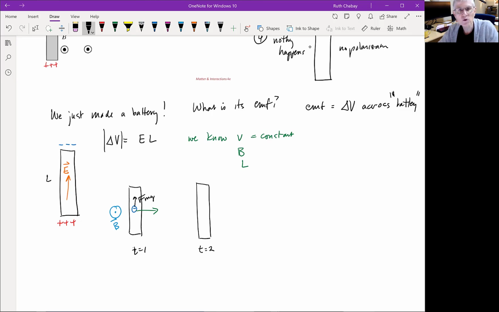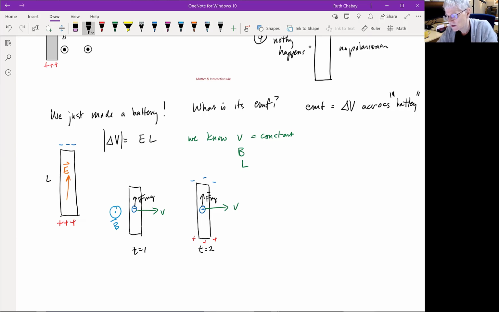So at time 2, a nanosecond or so later, now we've got some charge on the top of the bar and therefore some positive charge on the bottom of the bar. Now if we consider an electron here, it's moving to the right at speed v, and there's still the same magnetic force.